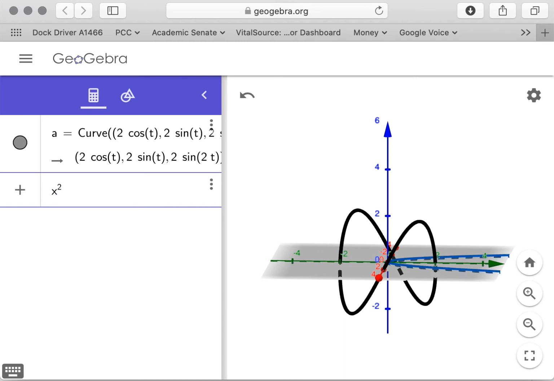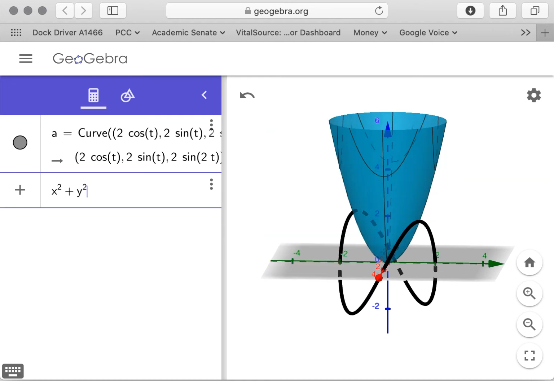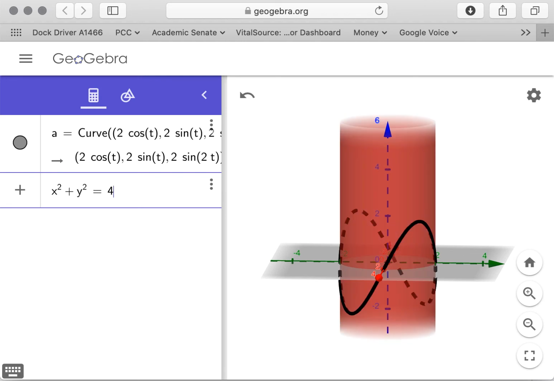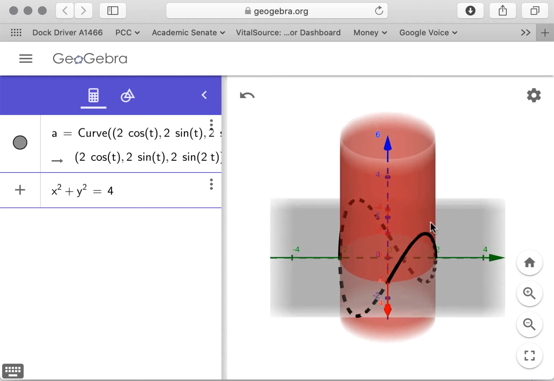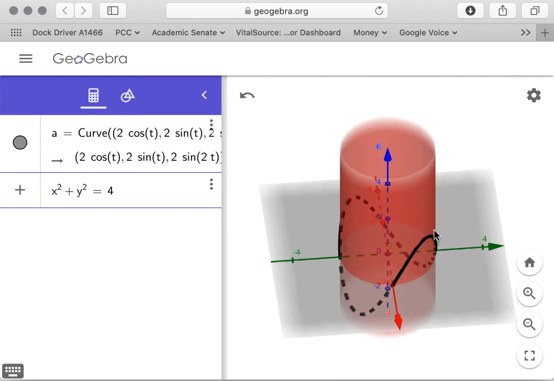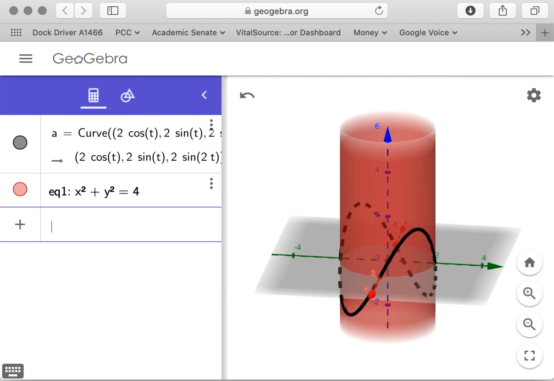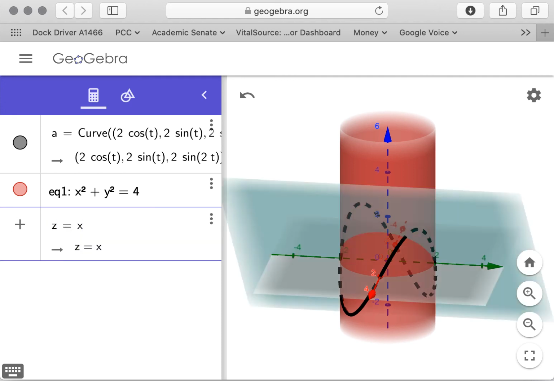We had x squared plus y squared is equal to 4. And what we see is that this sadly shaped hoop earring exists on the cylinder. In fact, from above, it's just a circle.